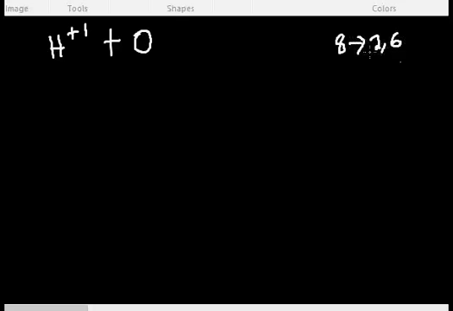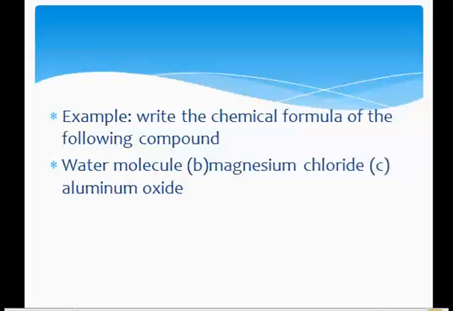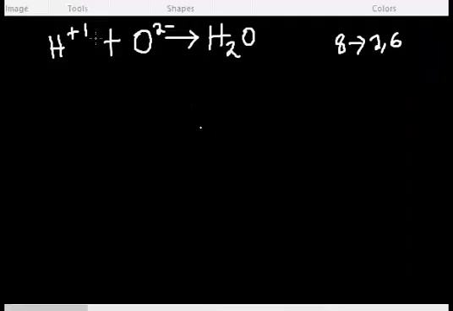So oxygen needs 2 to complete, so oxygen is 2 minus. So that's why when they combine, you're going to have H2O. Let's look at another one. Magnesium chloride, I've written that one. Then aluminum oxide. Still the same.